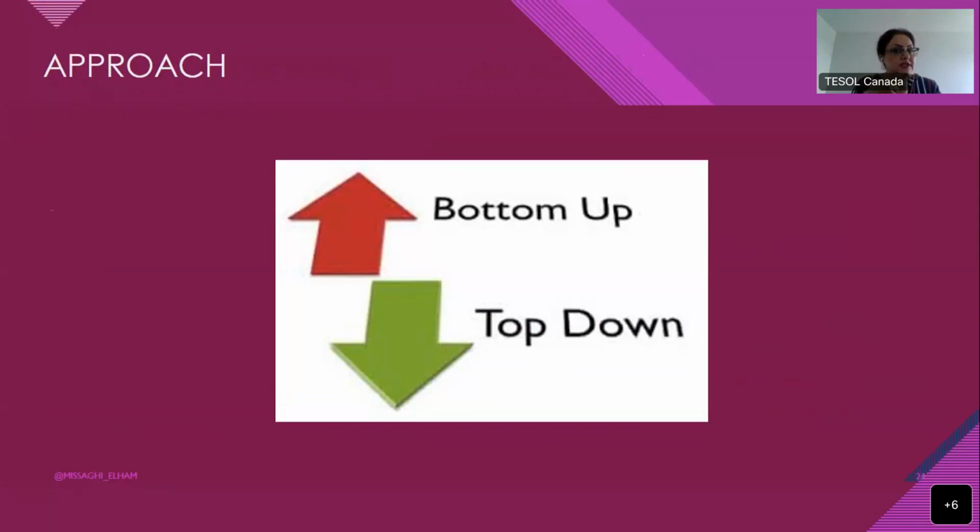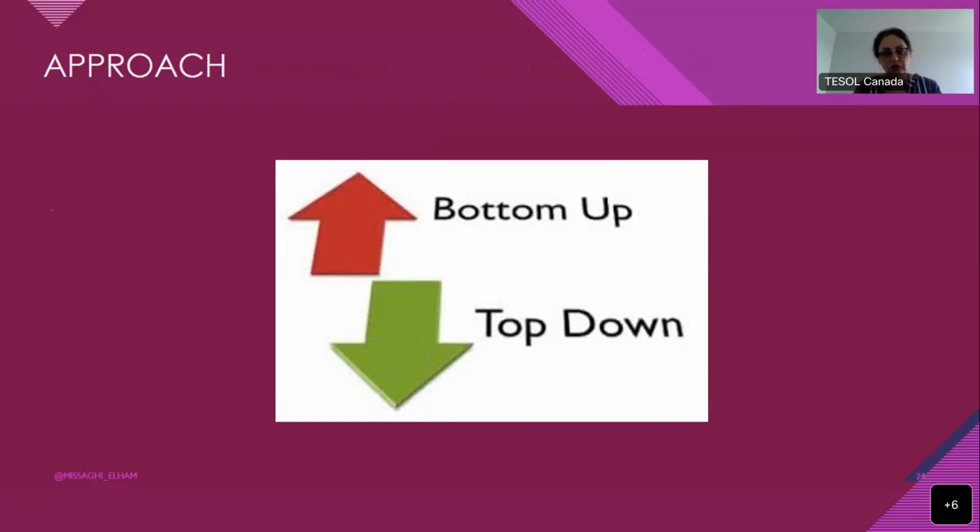Bottom-up is practicing the linguistic part, like new vocabulary, grammar, pronunciation, intonation, stress of a word in a sentence or stress on parts of a word. That is bottom-up. When you design activities for your listening part, work on both approaches, top-down and bottom-up.